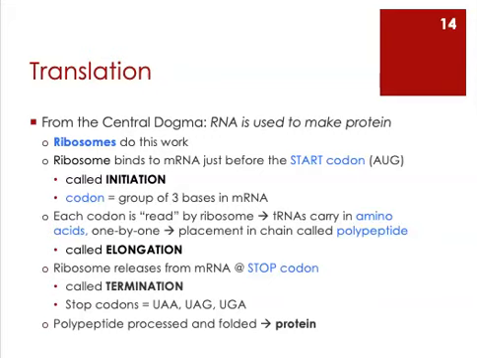Now, how does the ribosome know where to begin reading this protein code? The answer is it looks for and it binds to the mRNA just before the first group of 3 bases.